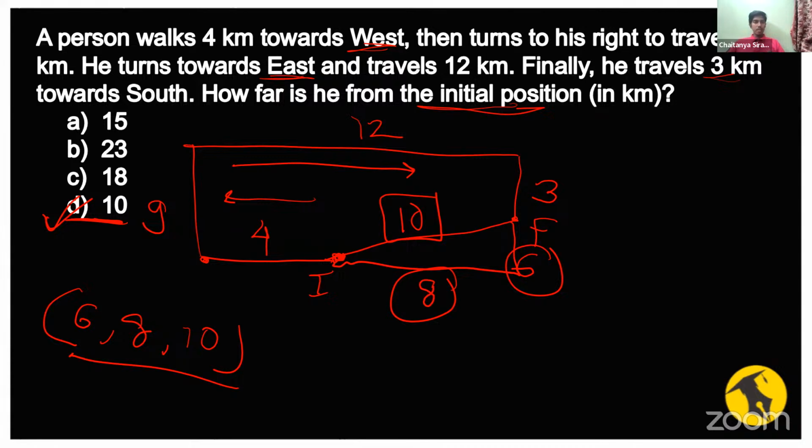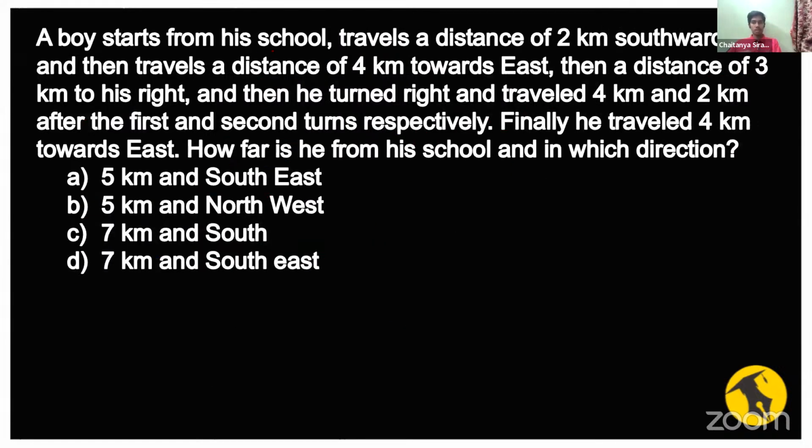Okay, moving ahead. A boy starts from his school. Let's say the school is somewhere here. He goes 2 kilometers southwards, then 4 kilometers towards east, then a distance of 3 to his right. So his right in this way would be this direction, 3 kilometers.